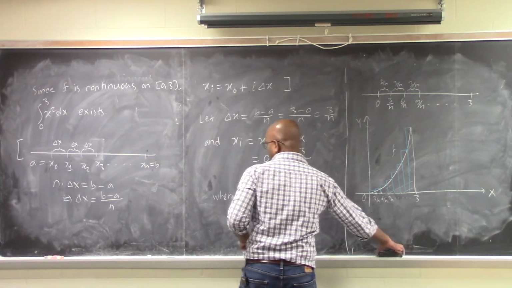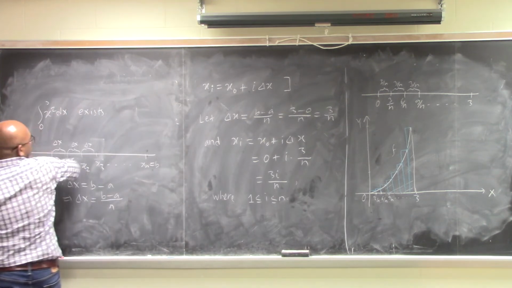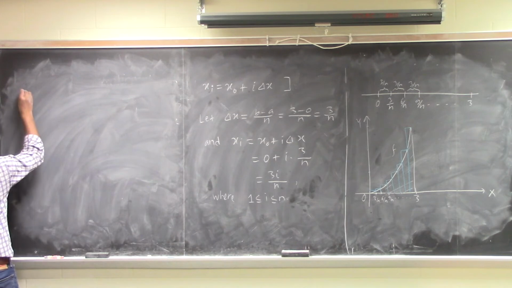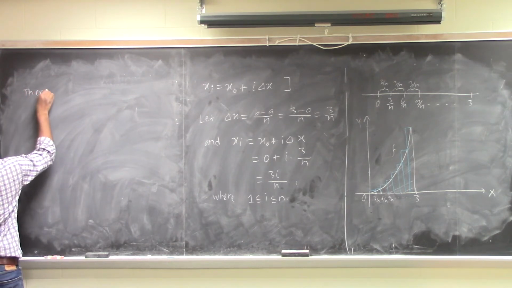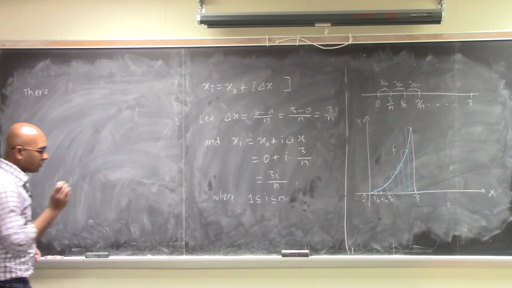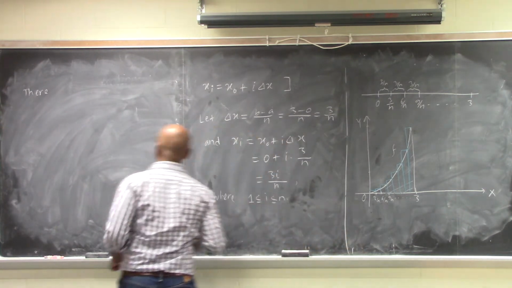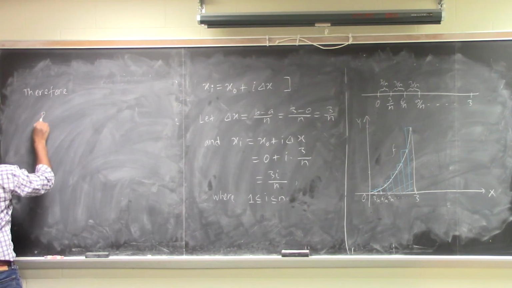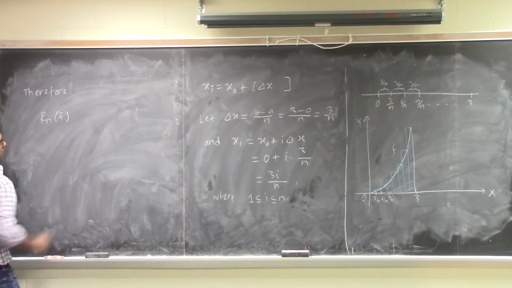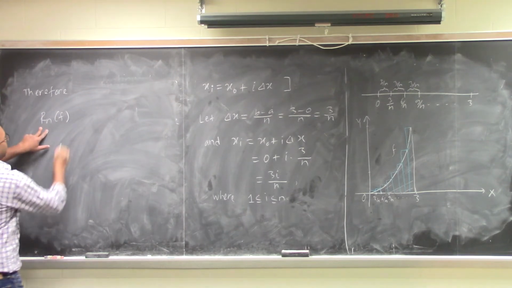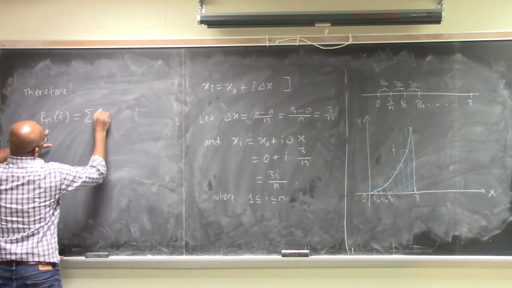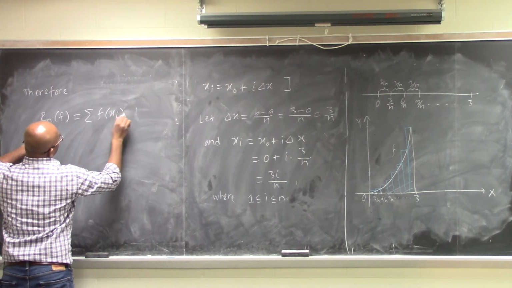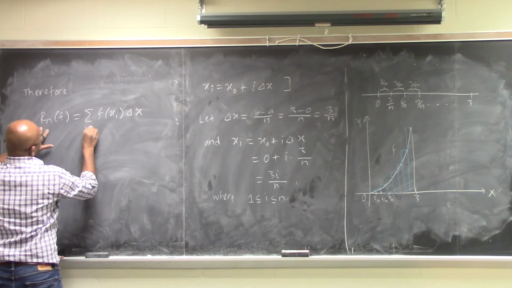So the next thing is this, therefore, R sub n of f. Okay. So this is the right Riemann sum. So our tags are right endpoints. So these are going to be f of x sub i times delta x, and then i goes from 1 up to n.